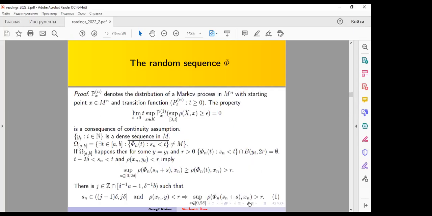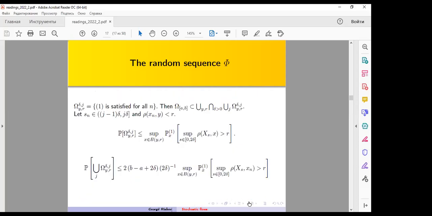And where this is satisfied, I denote this event by omega delta J y r. But in fact, the probability of this event can be estimated.